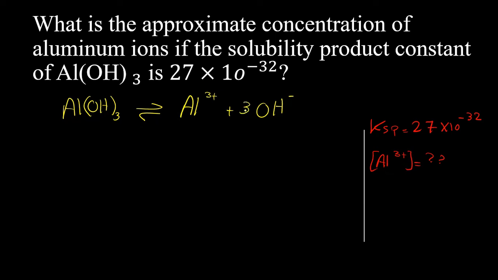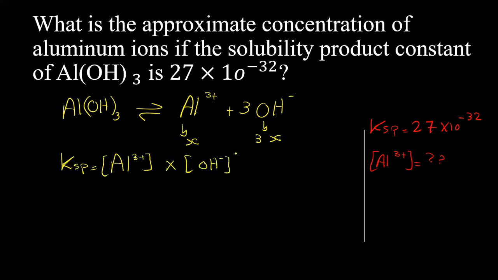So multiply this one by 3. After that, you refer to the concentration of aluminium by X. Here you have 3 hydroxide, referred to by 3X. Let's start writing Ksp equals aluminium ion concentration multiplied by hydroxide ion concentration.